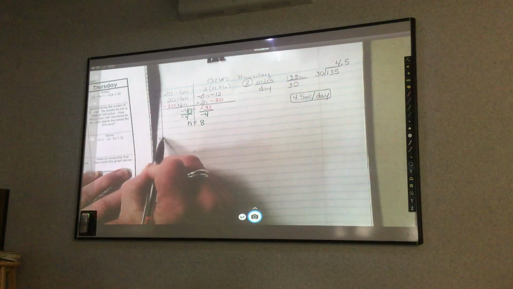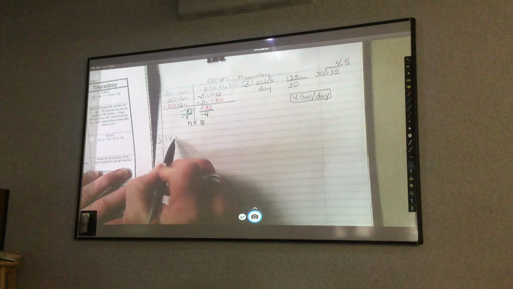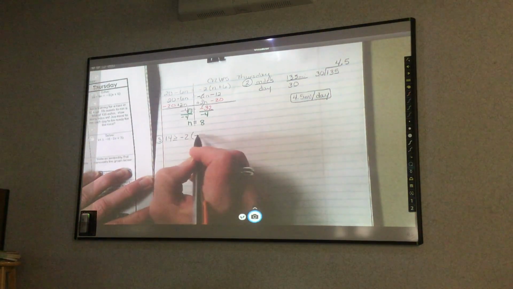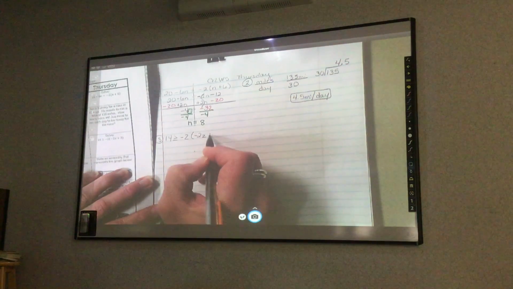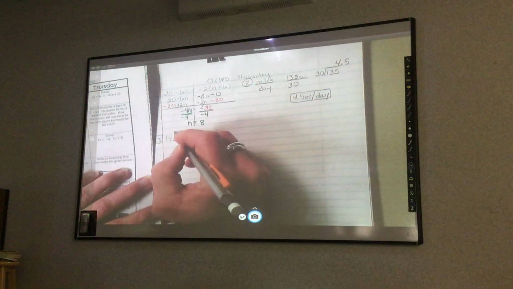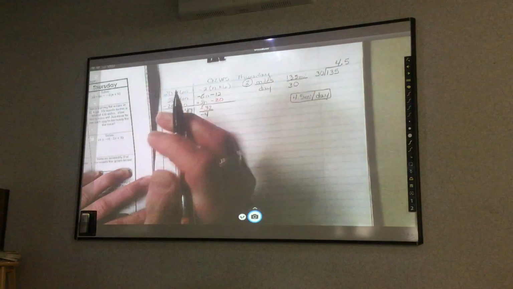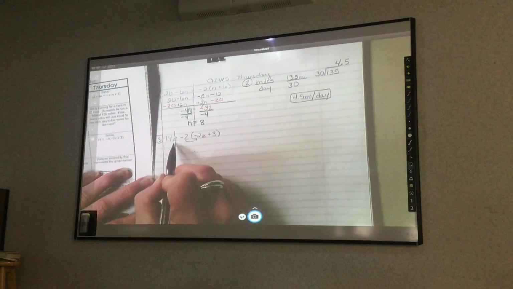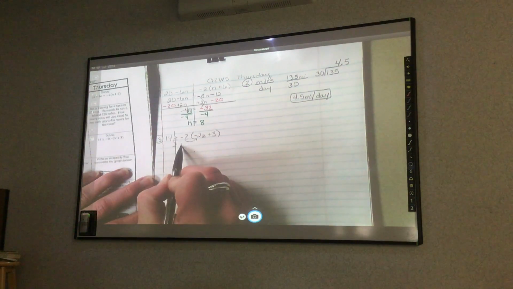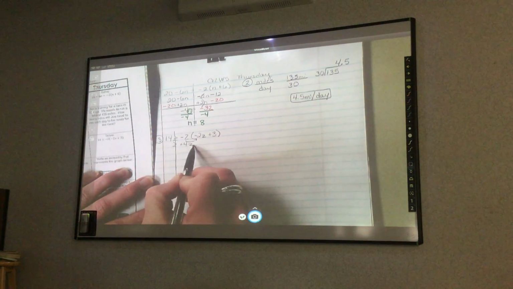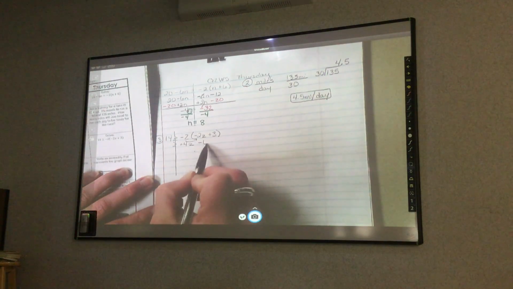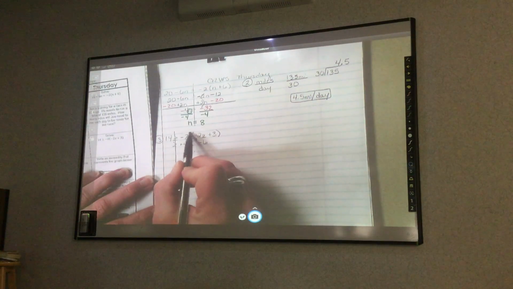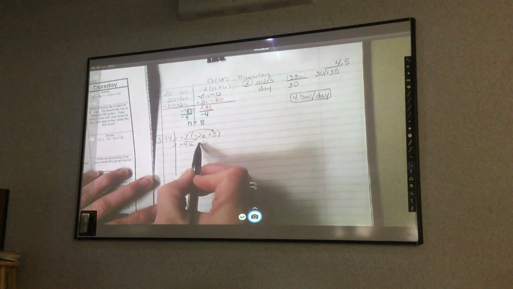Number 3, 14 is greater than or equal to negative 2 times the quantity, negative 2z plus 3. Draw my magical line. I have my distributive property. So I have a positive 4z, and then a negative 6, because a negative 2 times a negative 2 is a positive 4. A negative 2 times a positive 3 is a negative 6.